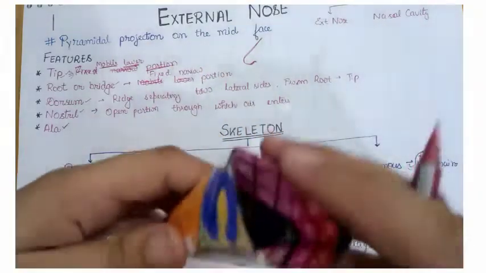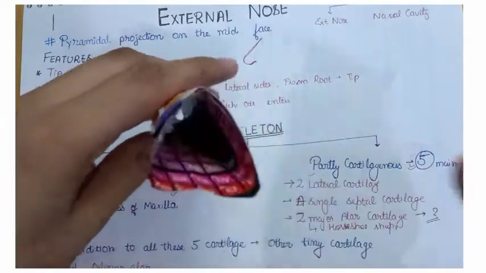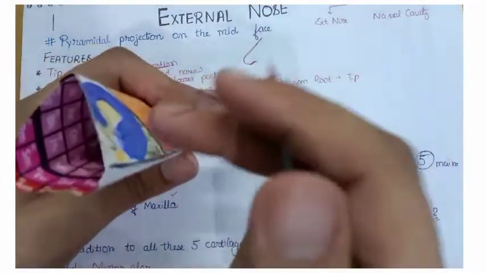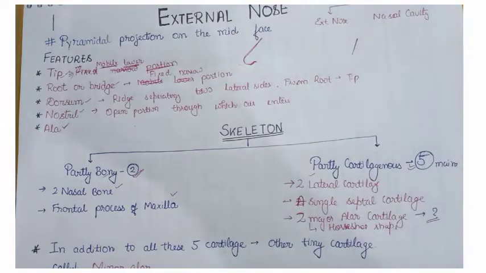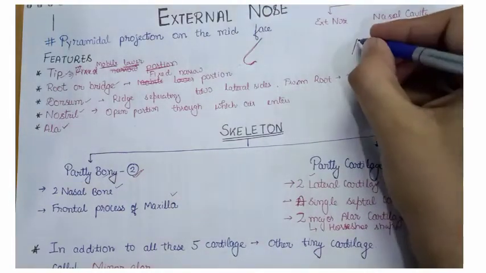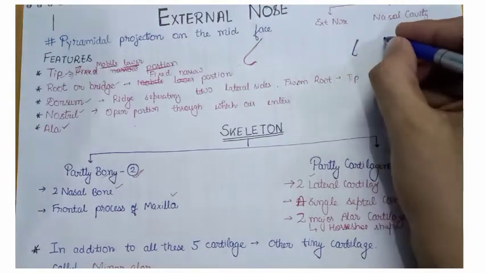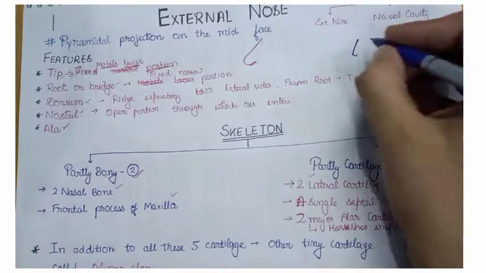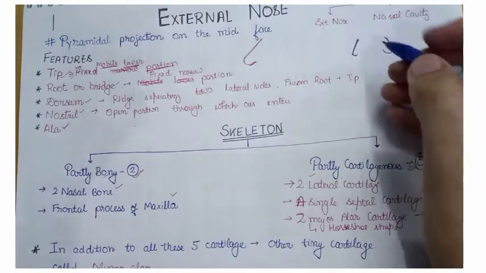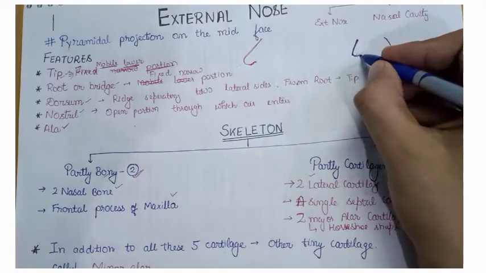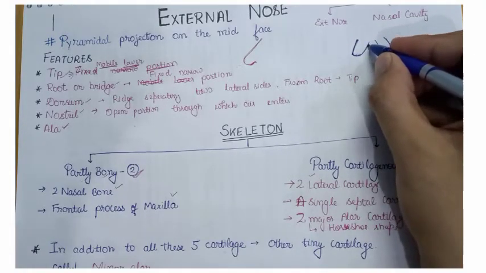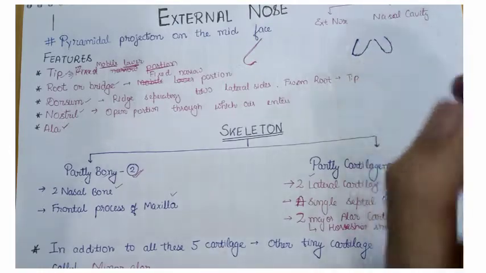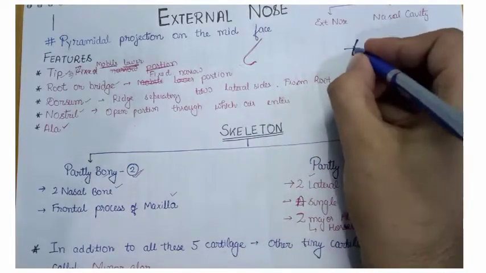You can see it is present on the lateral side, on both sides like this. So it is horseshoe shaped, as if I am making a U. It is made up of two crura.